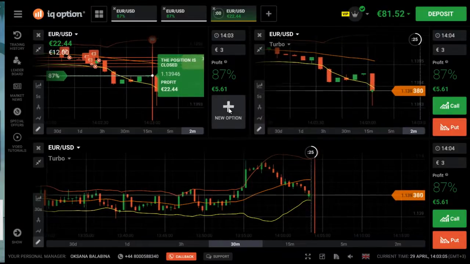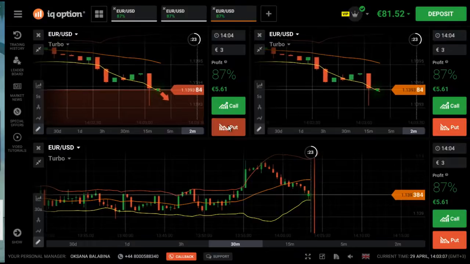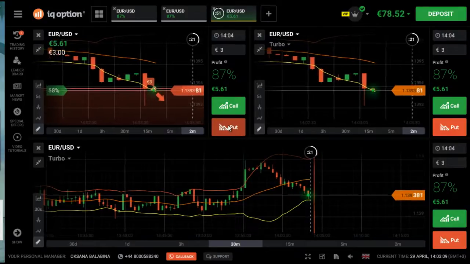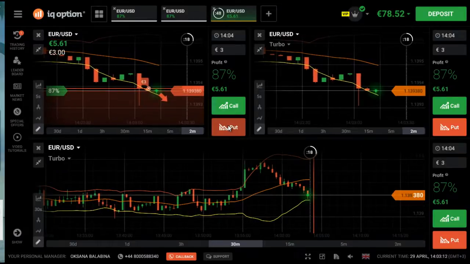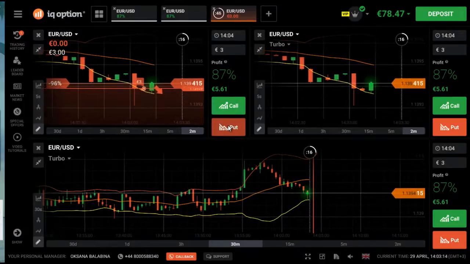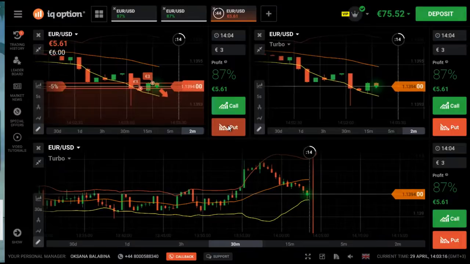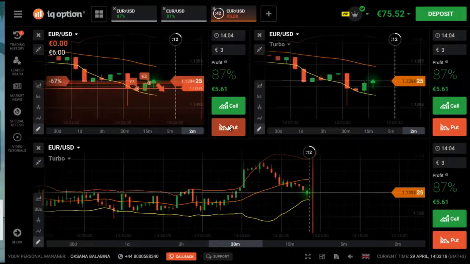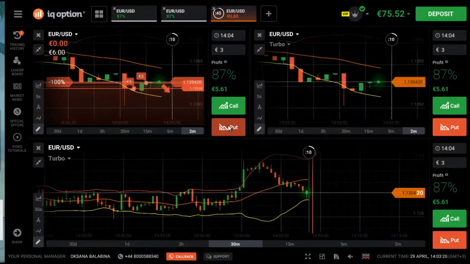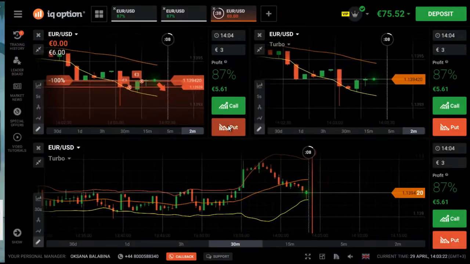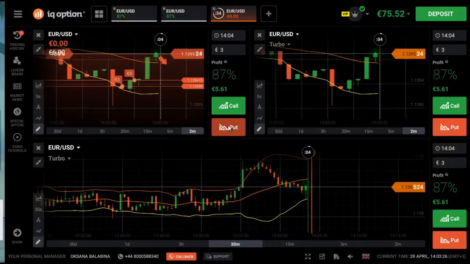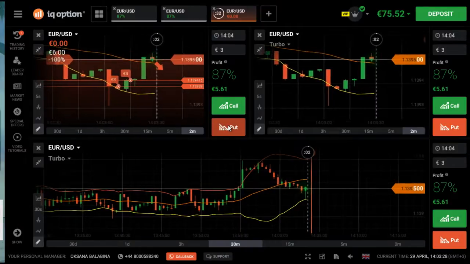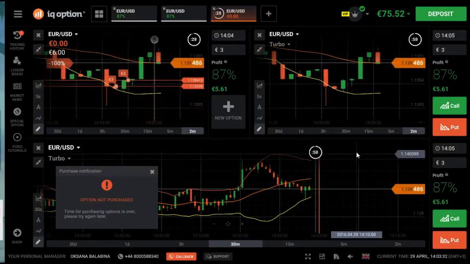But now on the 30-second chart, the candle has already reached the bottom Bollinger Band, and this is still a tricky position. It may go for the reversal or it may go for the original. It's still undecided.